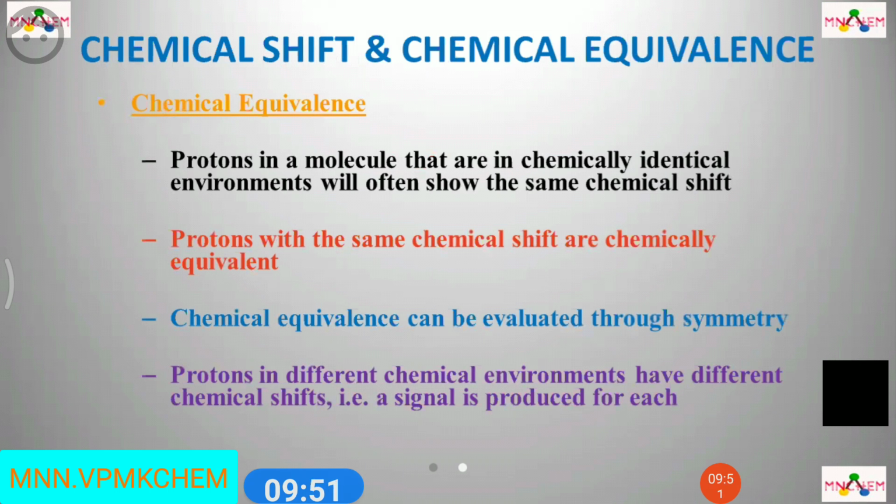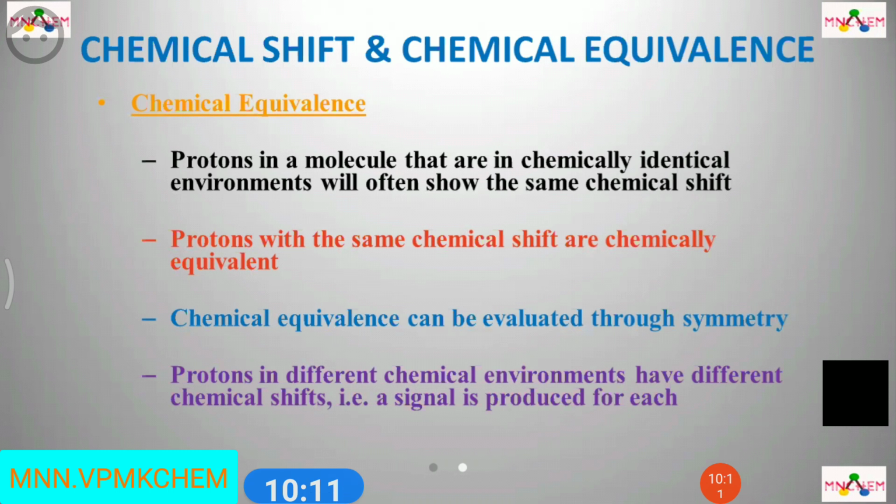Now, the correlation between chemical shift and chemical equivalence. It has been found that protons in a molecule that are in an identical chemical environment will often show the same chemical shift. They appear as one signal.